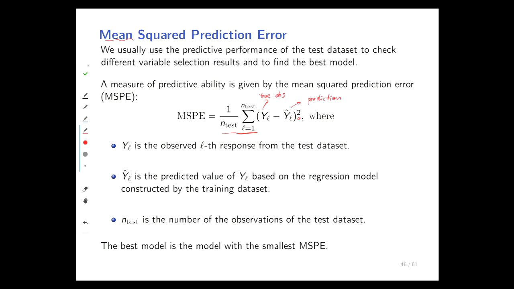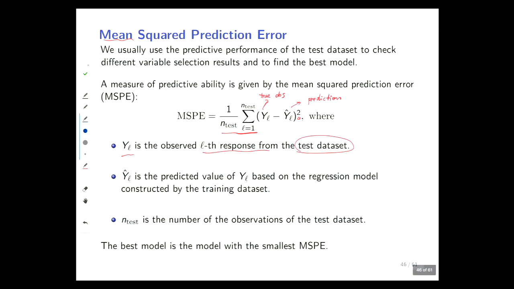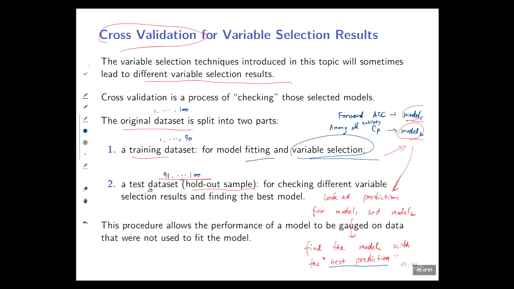But please be careful that this YL is our observation from the test data set. In this specific case, the test data set is just observations 91 to 100, so you can consider YL as Y91 to Y100 in the example.